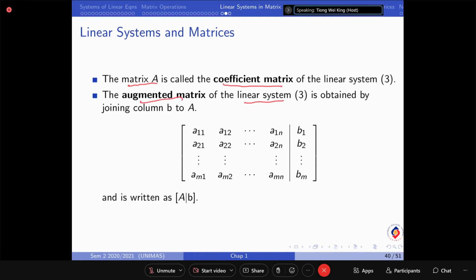An augmented matrix is obtained by joining column B to matrix A. So basically you write a big matrix, this is matrix A and this is B. Then you draw a line to separate them, to show that this is B and this is A. In short form, we write a square bracket with A slash B. If you write it like this, then we know that this is an augmented matrix.